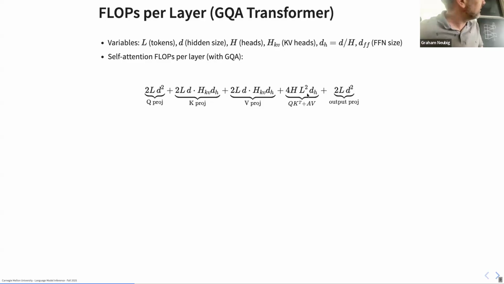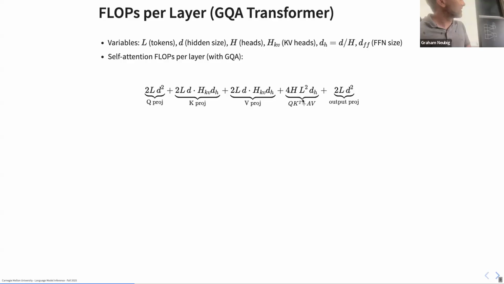Then you have the actual attention calculation. For all of these, L is the length of the sequence, D is the dimensionality of the entire vector, and DH is the dimensionality of the head. You are calculating this over the entire vector, but you're also doing a quadratic attention calculation because each query position is attending to the keys, multiplying the queries and the keys.